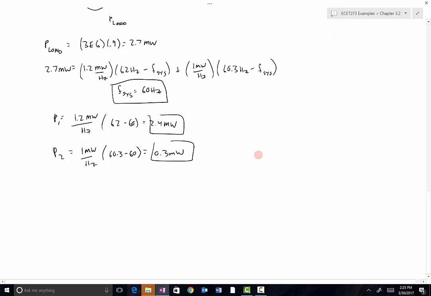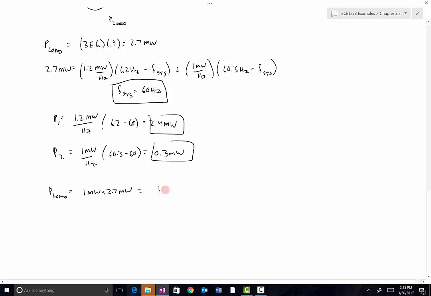In part C, we are asked to determine what happens to the system frequency if the load increases by 1 megawatt. So that's P load is going to be equal to 1 megawatt plus 2.7 megawatts. And nothing else in that equation changes.